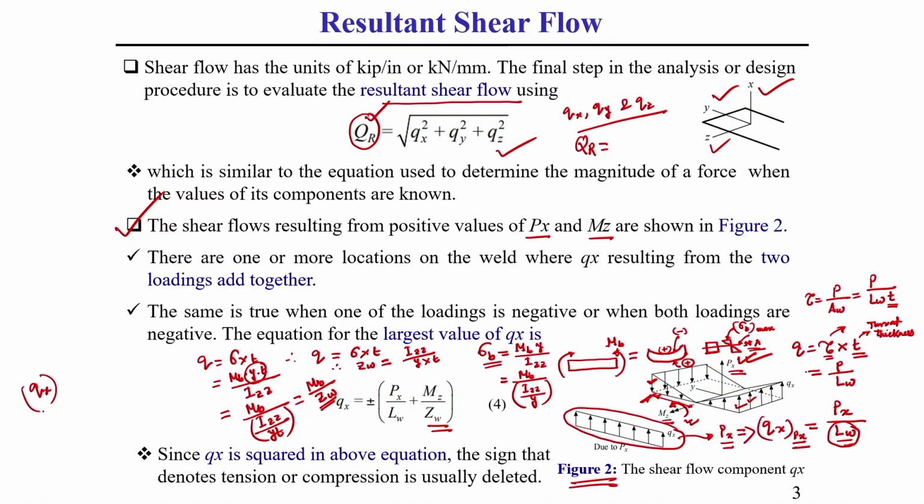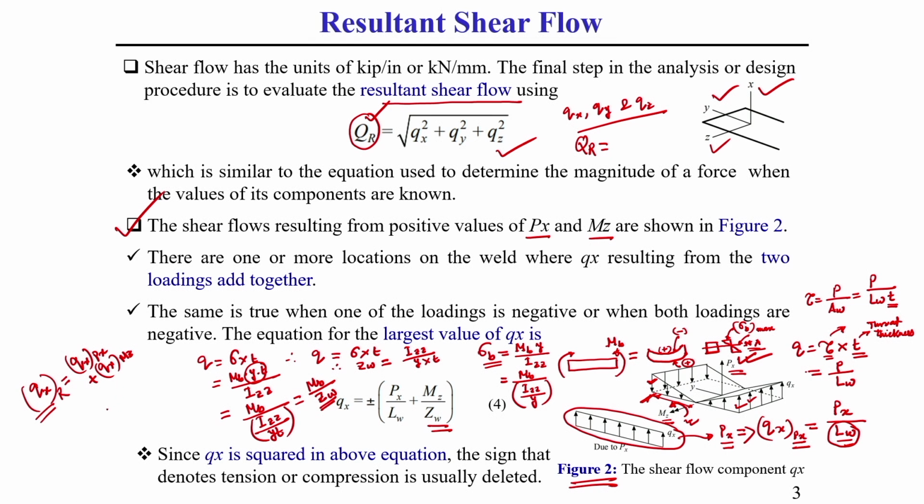This you should keep in mind. So, Qx resultant will be equal to Qx due to Px plus Qx due to Mz. This you should keep in mind.